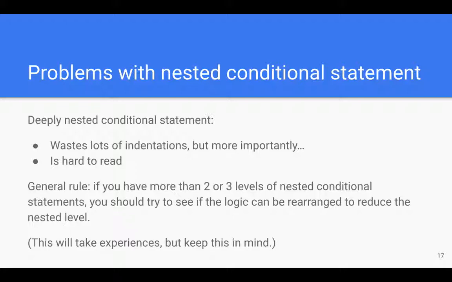This will take some experience, and at some point in this class or another class, you might write deeply nested conditional statements. It's okay. Practice makes perfect. You just have to write a lot of code to see the problem with deeply nested conditional statements and how you might avoid it. But I just want to tell you this upfront, so hopefully you keep this in mind as you write more complicated code.